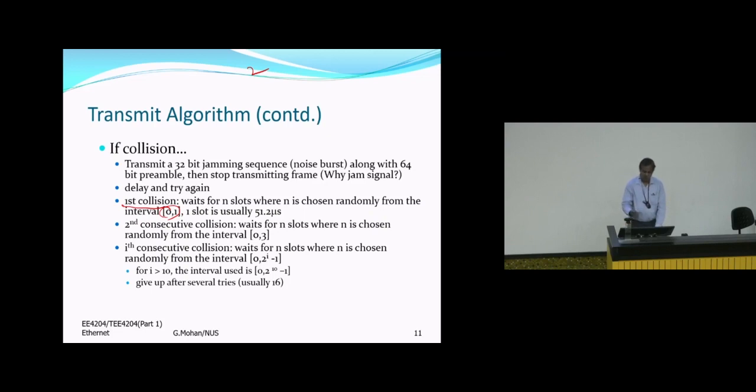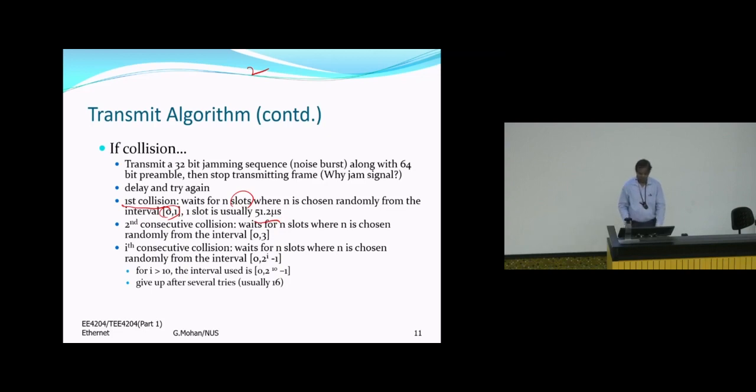And 1 time slot here is 51.2 microseconds. Later you'll understand how you get this magic number, 51.2 microseconds. But at this time, assume that it is slots. So how many slots it has to wait, or back off, before it makes a new attempt?